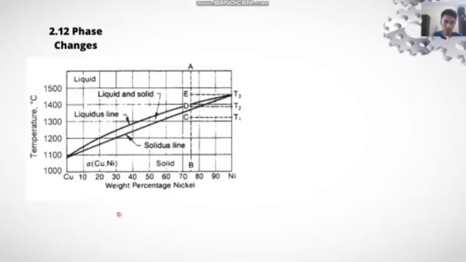Some alloys are simple solid solutions, or isomorphous, over the complete range of alloying concentration, like in the copper-nickel system. Most alloys, however, do not have such simple phase systems.